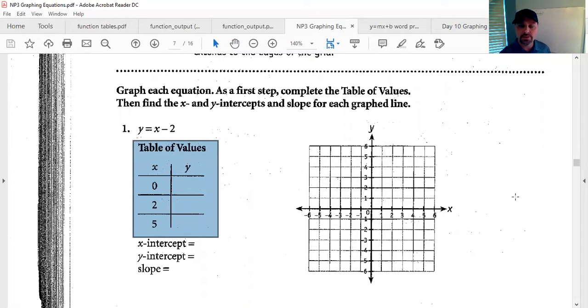So why don't you pause the screen and go ahead and take your equation here in your table, write that out, and then you're going to solve for y 3 times. The first time you're going to solve for y when x is 0. Then you're going to solve for y when x is 2. And finally, you're going to solve for y when x is 5. Okay? So do that and then come back.